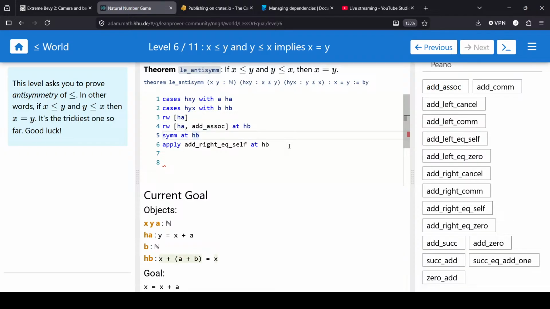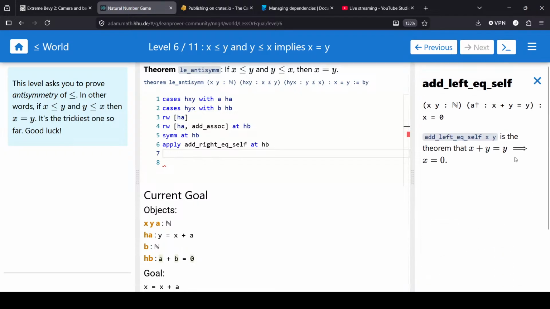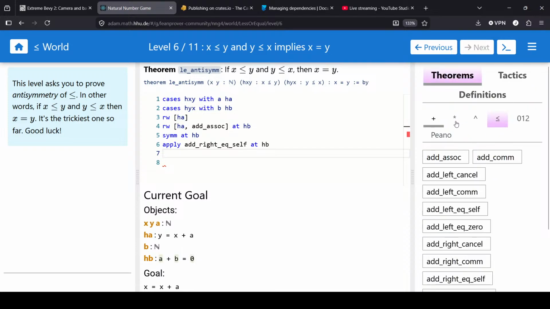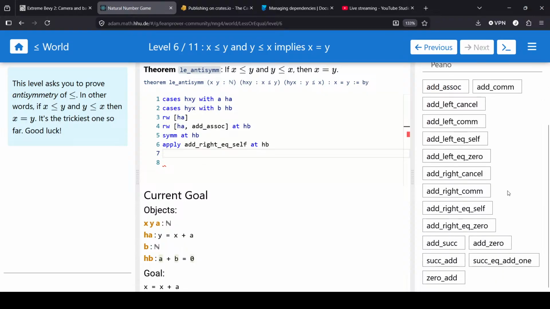Like, I have to group the A and B. And then I'm able to apply this. And I get a plus b equals 0. So I feel like there has to be a way to get from here to there. Because the term needs to appear on both sides of the thing. There must be like a, if a plus 0 equals anything, then a equals 0, right? I think that has to be a thing.